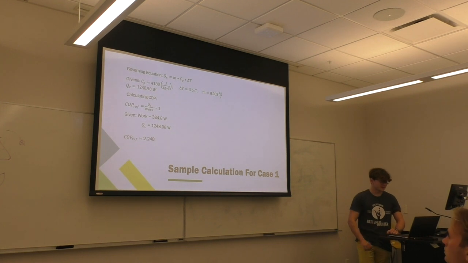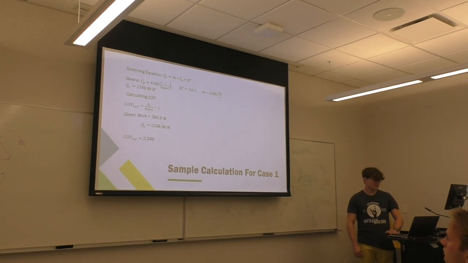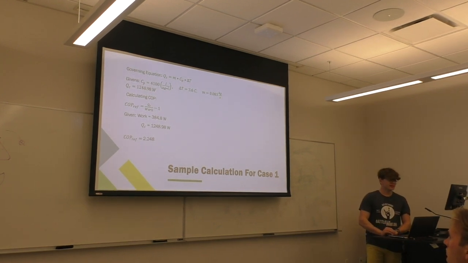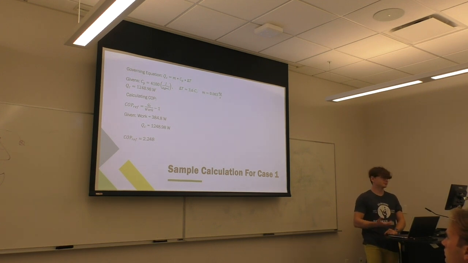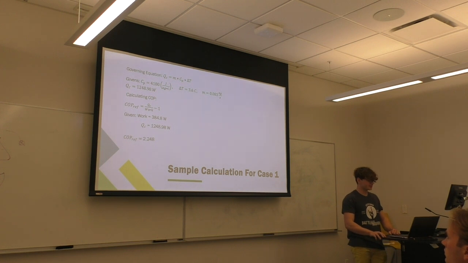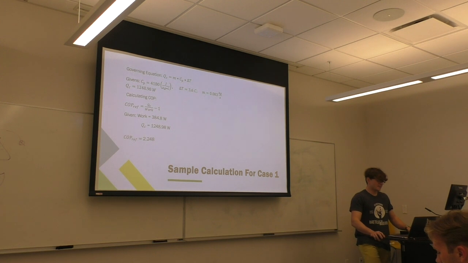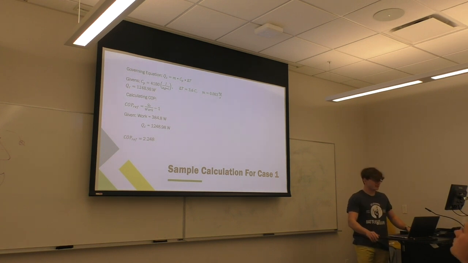So these are the simple calculations when determining the COP for the first case. The governing equation is basically just a heat balance, or conservation of energy of the system, where the change in the temperature of the working fluid will be equal to the amount of energy taken out of the system.